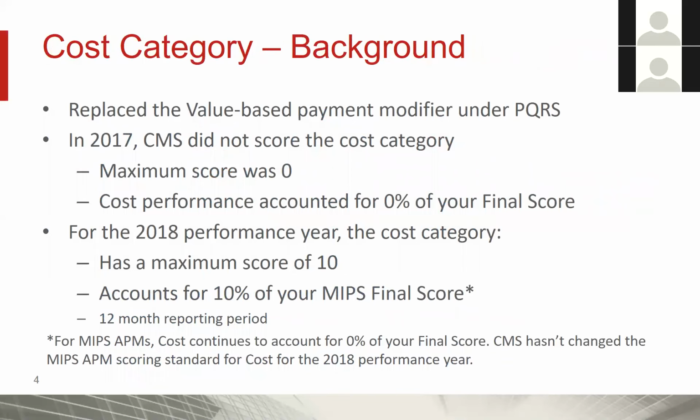So for some background, for those of you not familiar with the cost category, the cost performance category essentially replaced the value-based payment modifier program under PQRS. In 2017, CMS did not score this performance category, so the maximum score for cost was 0 points, and the cost performance score actually accounted for 0% of your overall MIPS final score.